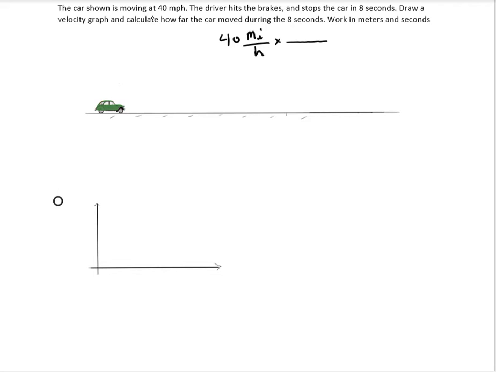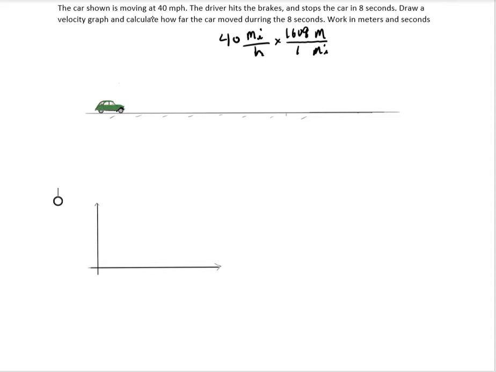So our fraction is going to have meters up top and miles on the bottom. Then you look up what's called a conversion factor. It turns out there are 1,609 meters in 1 mile. Now that fraction is equal to 1.